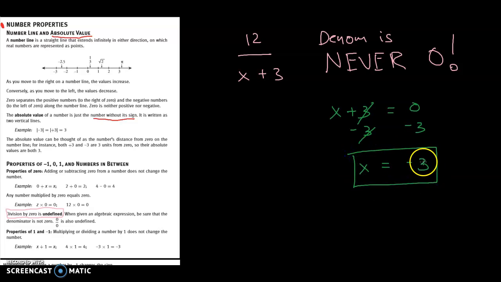Since that's the value that's going to make this denominator 0, we know x cannot be equal to -3. Right? The big takeaway here is that anything that makes a denominator 0, nope, not allowed. Okay? So just make sure that you do that.